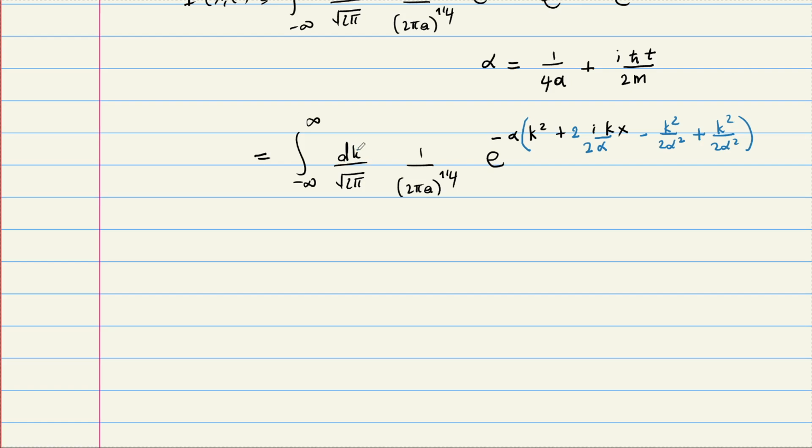Now the integral is over k, right? Previously it was over x. So I am taking the square of this object, and the square of this is minus k squared over 4. Can you say again? x is going to be a constant.